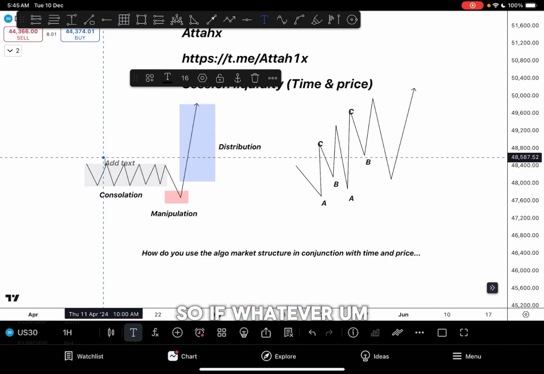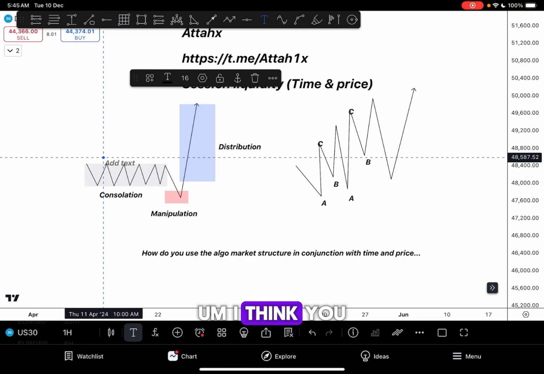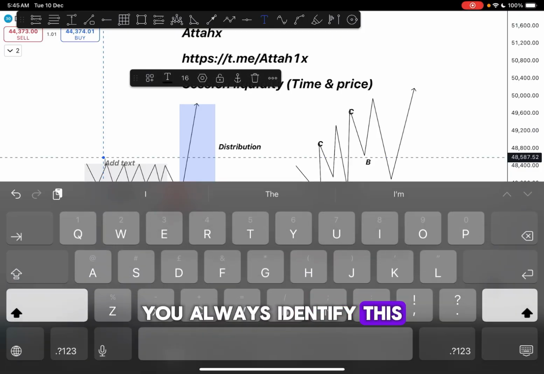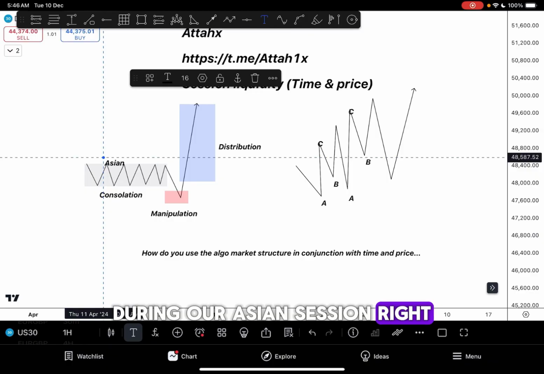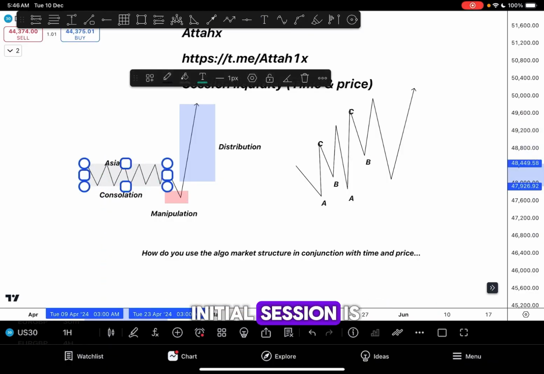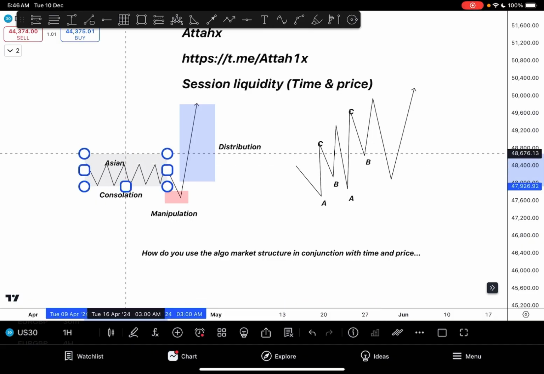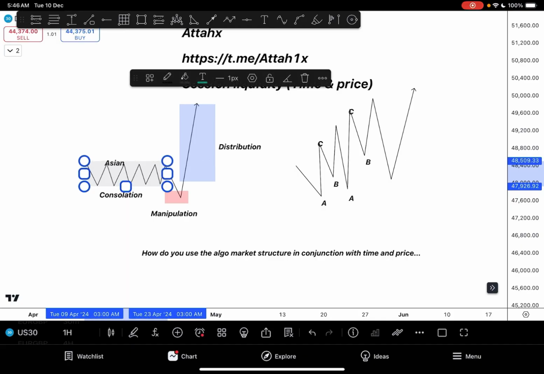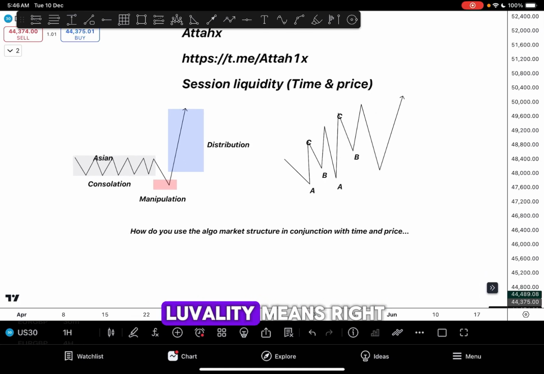So wherever country you are currently watching this video from, I think you should use the indicator on sessions to always identify your sessions, right? And then we always identify this consolidation to form during our Asian session, right? I'm sure a lot of you know what an Asian session is. It is a session of low volatility, and you guys know what low volatility means, right?